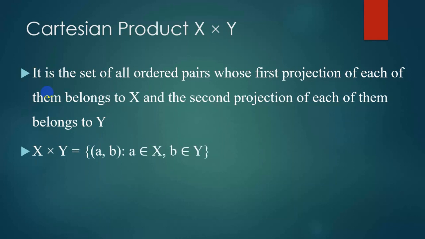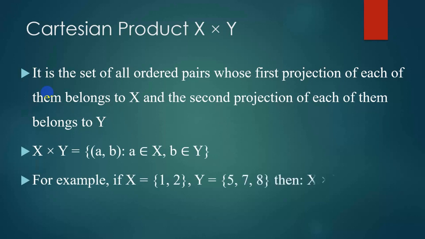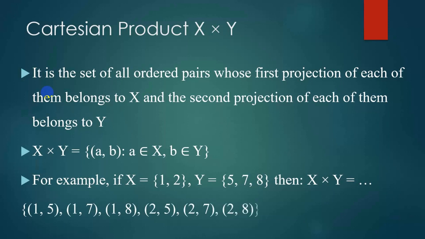For example, if x is the set {1, 2} and y is the set {5, 7, 8}, then x cross y equals the set of the ordered pairs (1, 5), (1, 7), (1, 8), (2, 5), (2, 7), (2, 8).